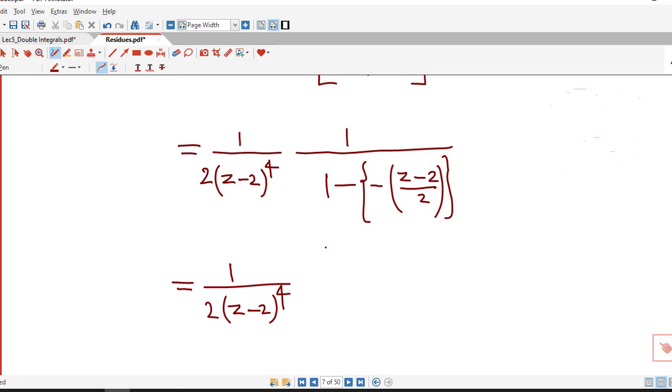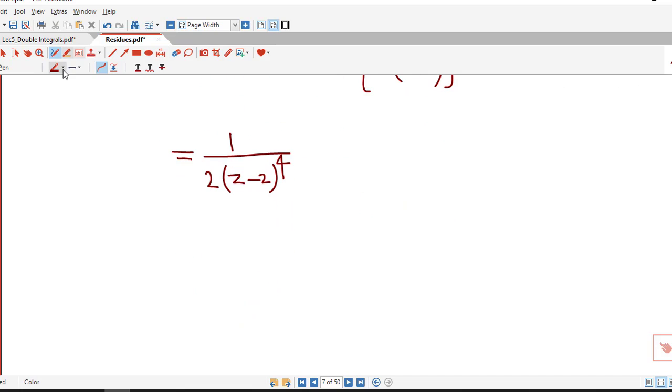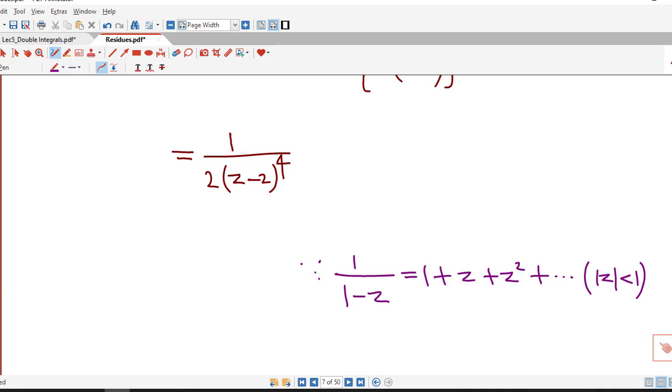As we know, the Maclaurin series expansion of 1 over 1 minus z is 1 + z + z squared and so on, in increasing powers of z, and this is valid if |z| is less than 1.